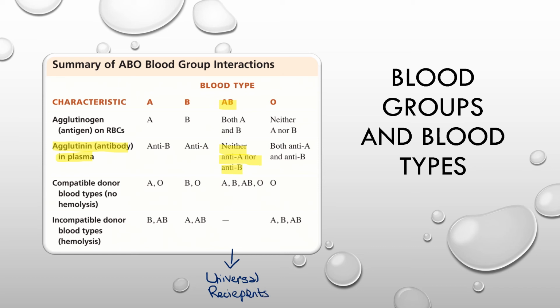This is because theoretically they can receive blood from all 4 blood types. They have no antibodies to attack antigens on donated red blood cells.